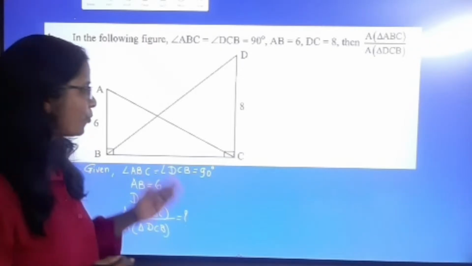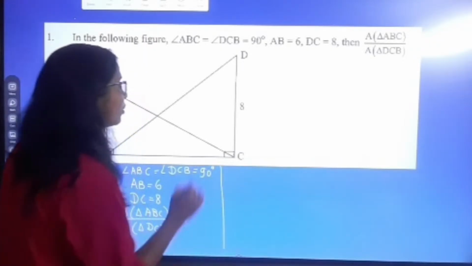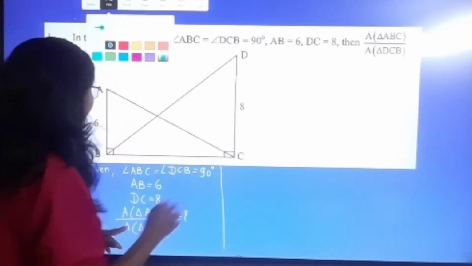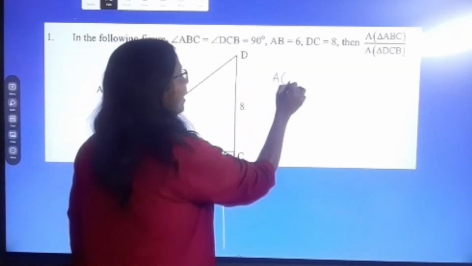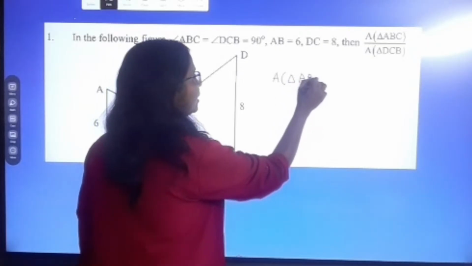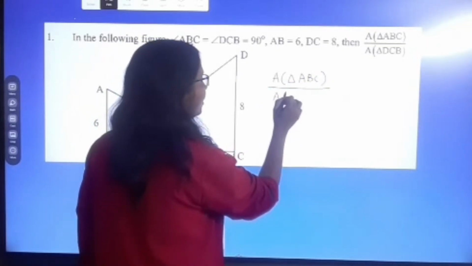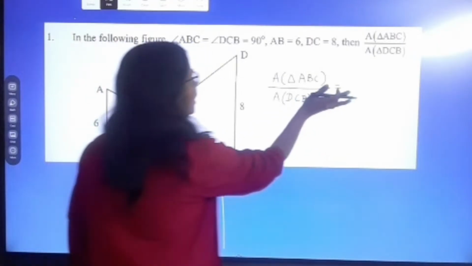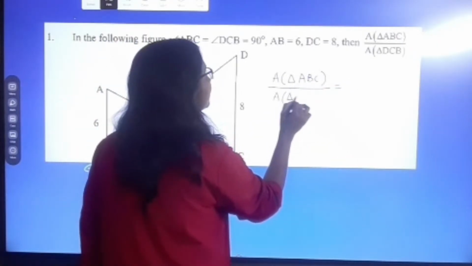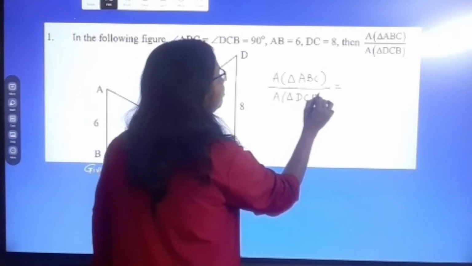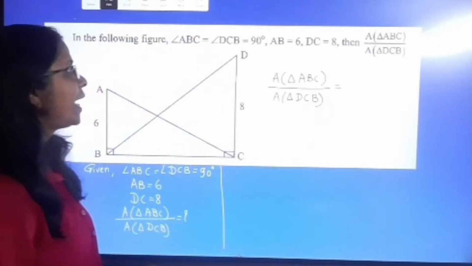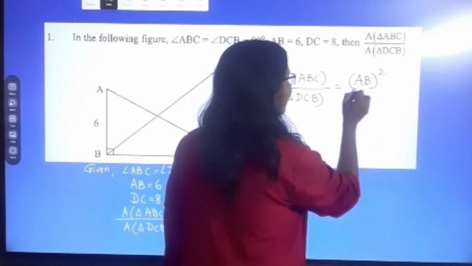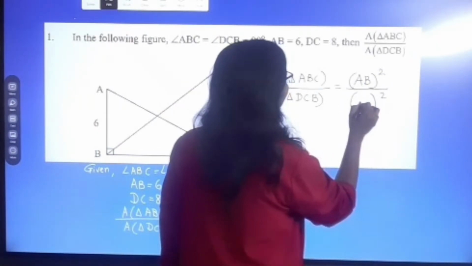So here we get the formula, students: area of triangle ABC upon area of triangle DCB is equal to the square of AB divided by the square of DC.